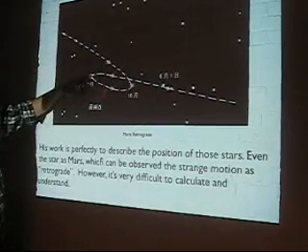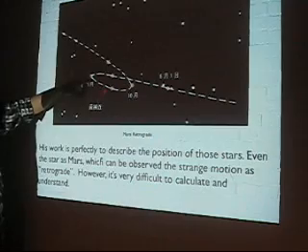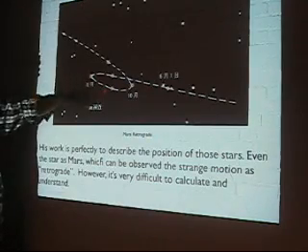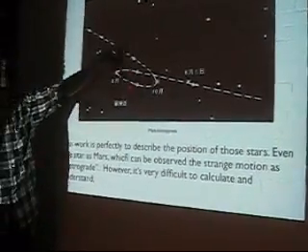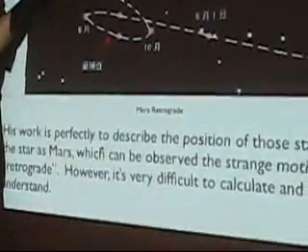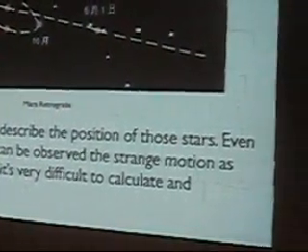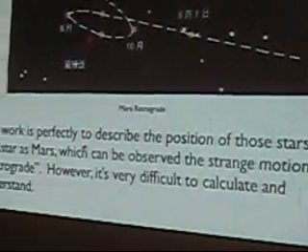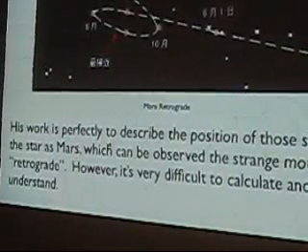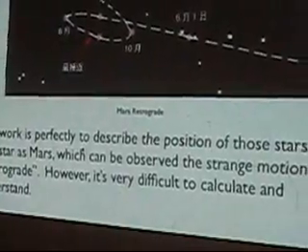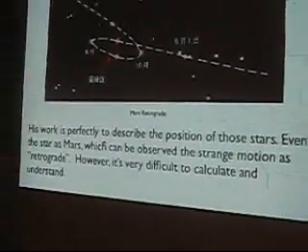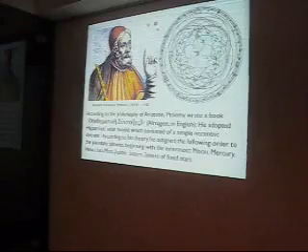It goes back in its path, moving here, then going back there, and going to another position. It's so-called Mars retrograde. So it's very difficult to understand and describe the situation.